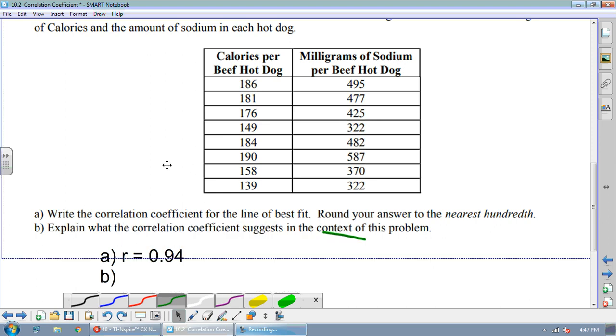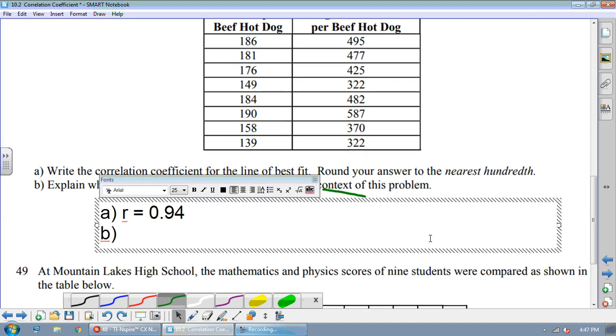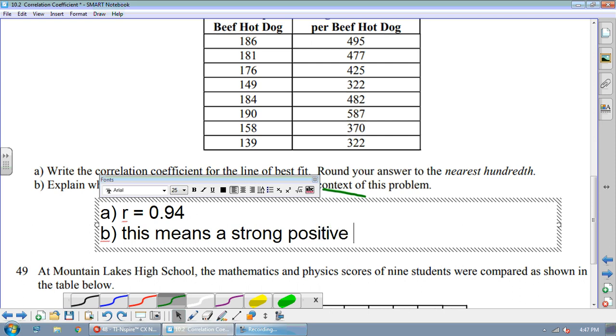Letter B wants to know, explain what the correlation coefficient suggests in the context of the problem. Well, first of all, is this a strong, weak, moderate, or no correlation? This means a strong positive correlation between what and what?